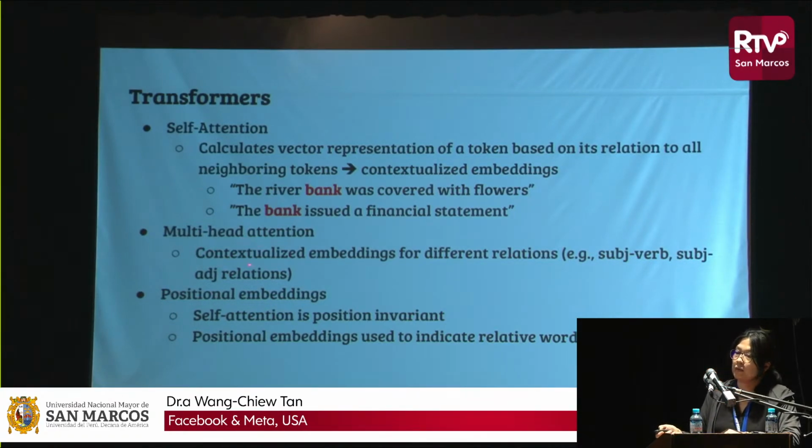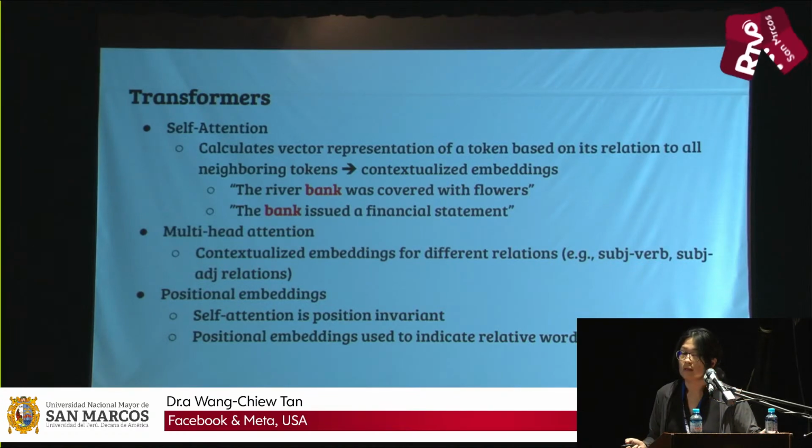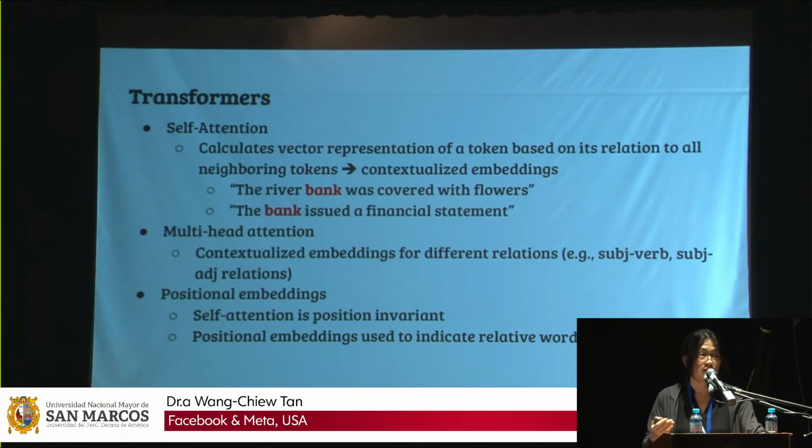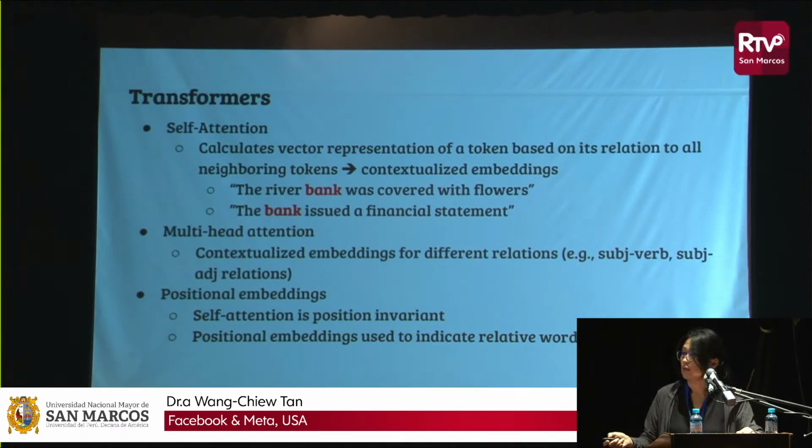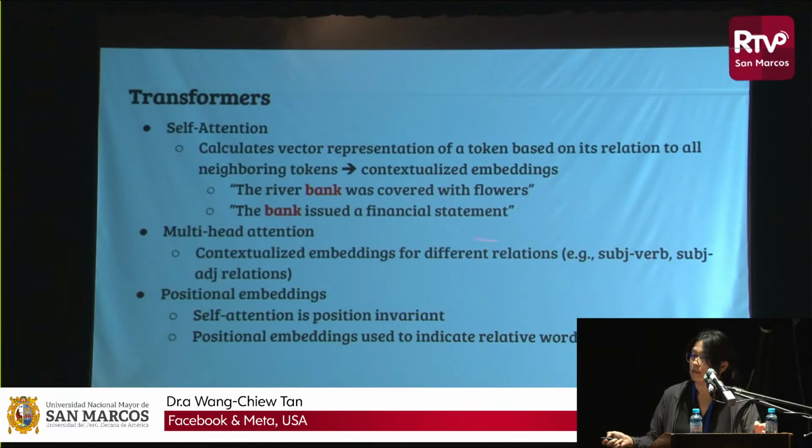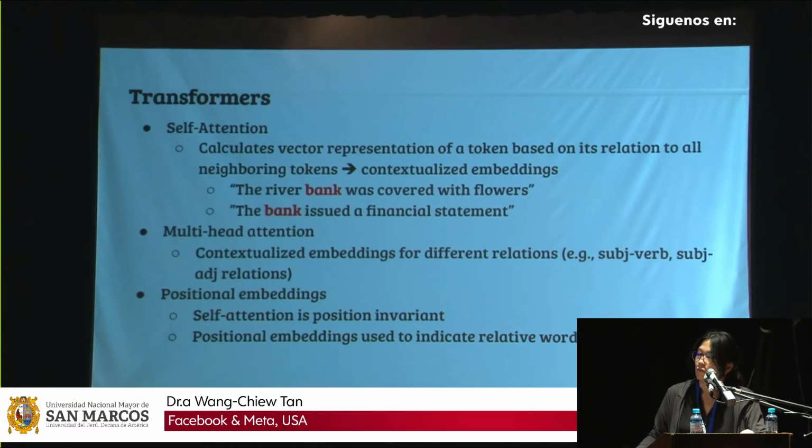So the other cool property it has is multi-head attention. This means it's able to understand a sentence based on different properties, like subject-verb or subject-adjective relations that exist in a sentence. So it has a deeper understanding of sentences in this sense. Now the third one is a technical trick that they use.